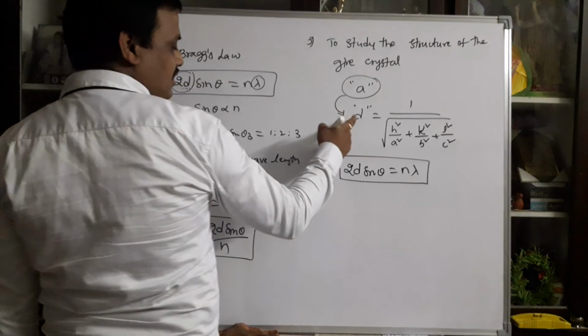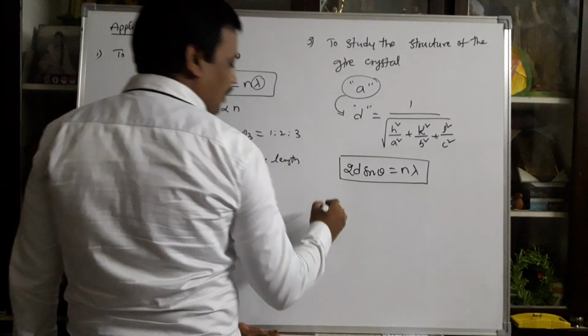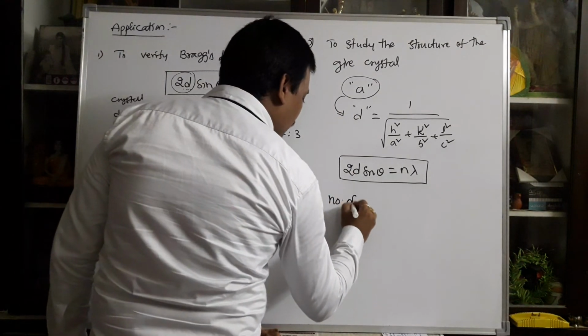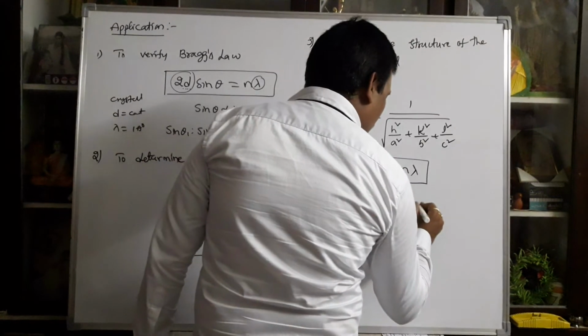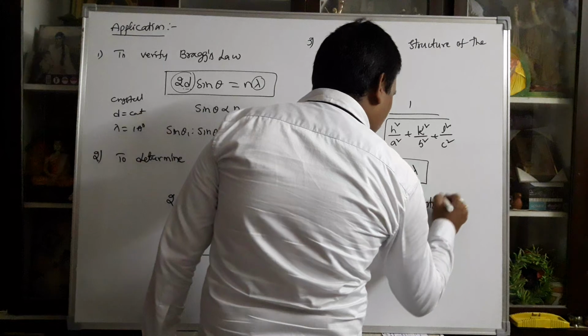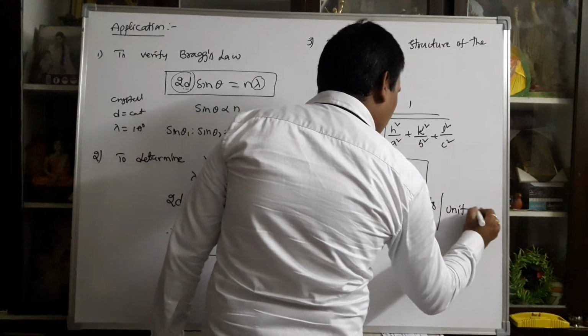After that, once D is calculated, you can determine the number of lattice points per unit cell.